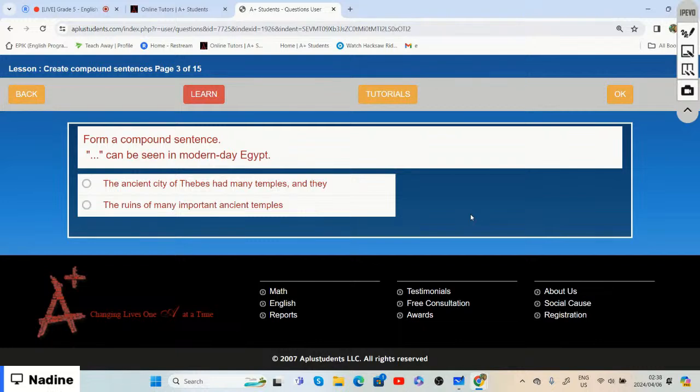So we need to choose option 1 or option 2 to join that sentence in order to form a compound sentence.